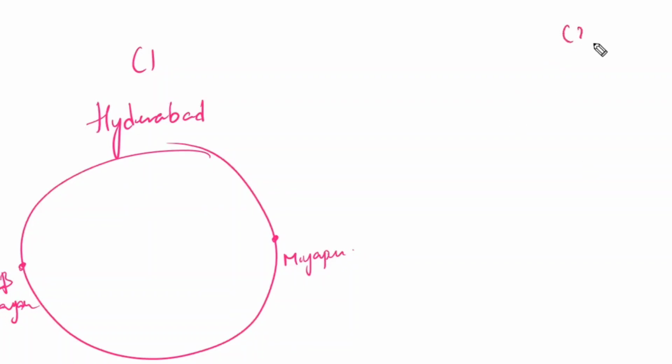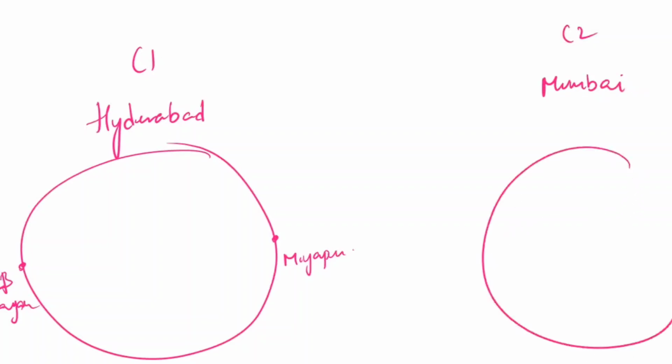Now one more city, city 2, is Mumbai. Mumbai is also very large. I don't know the starting point and ending point, but it also has them. Now if you are traveling from Hyderabad to Mumbai, what is the distance?